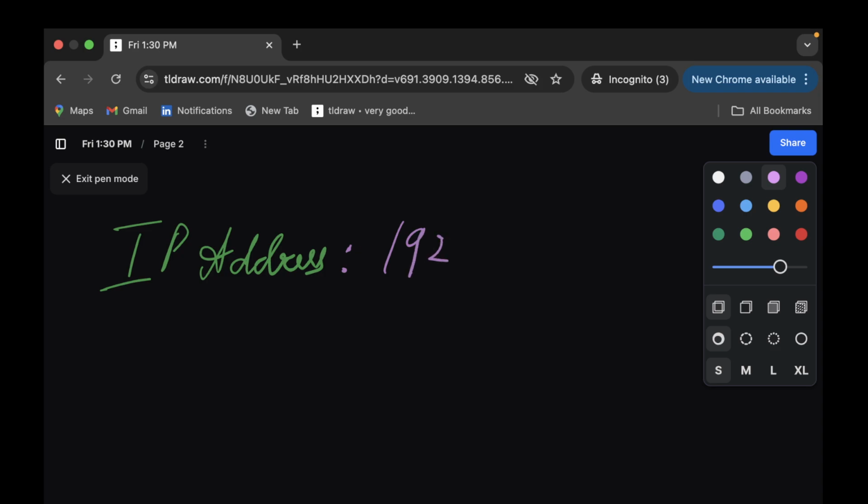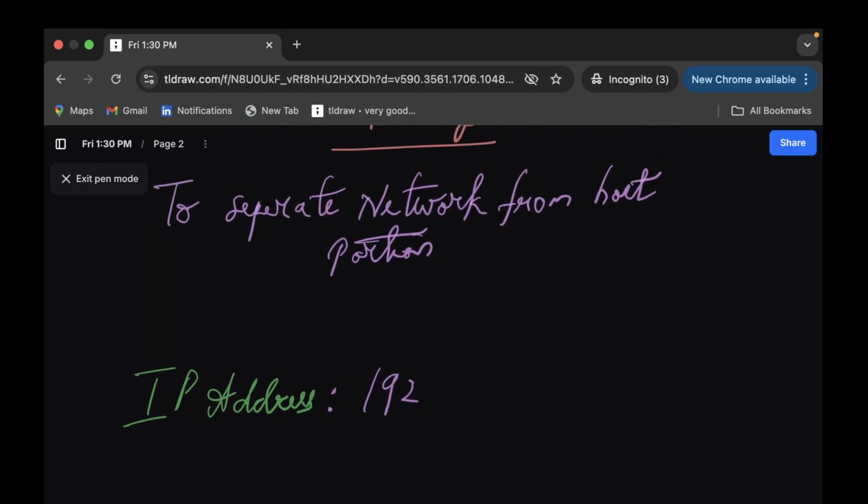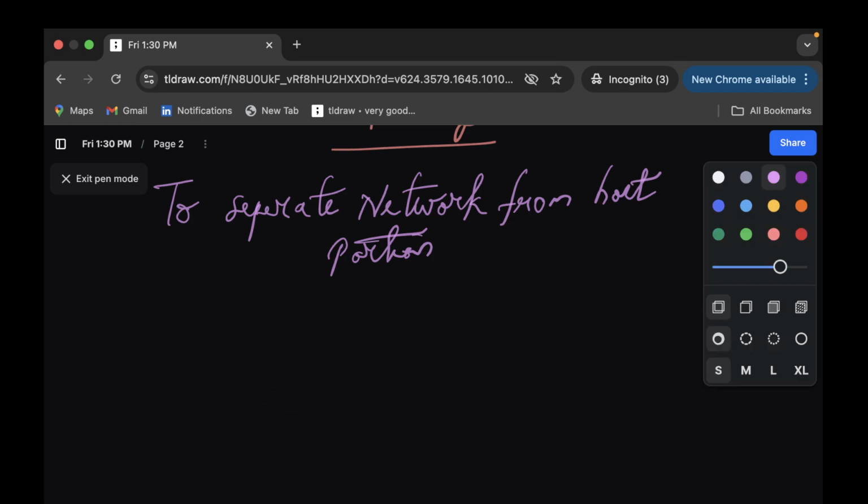So this is my IP address. Each class has a specific mask. So by masking, because first we need to enter the network, right? So why do we do this?